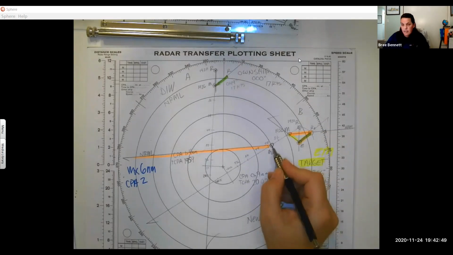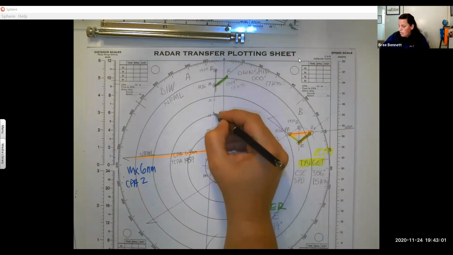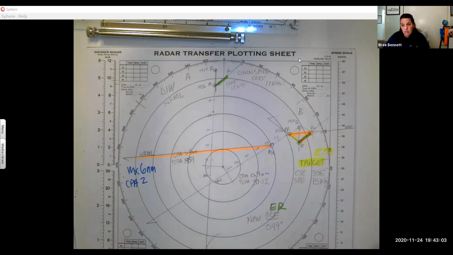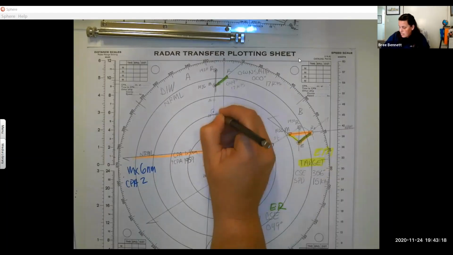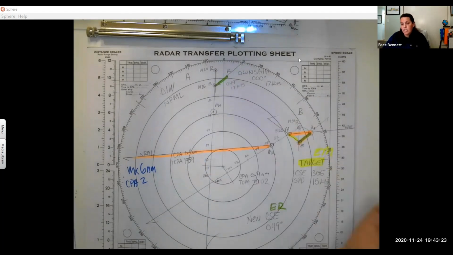Here my MX was just before 1938. So where's this target going to be just before 1938? We'll call it right here. Yes, I eyeballed that a little bit. So this is my MX. That's where that target's going to be when I change course.